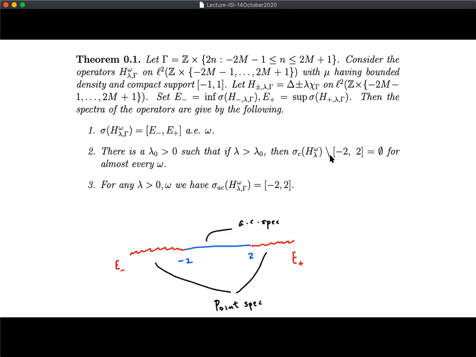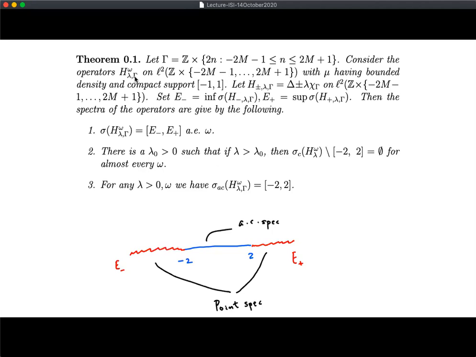Compare with the corresponding theorem where I replace this by just Z and gamma by Z2: the continuous spectrum is empty if lambda is large. There is no continuous spectrum at all. With large disorder, when you take Z2 and you take gamma to be Z2, this is only point spectrum, or no continuous spectrum.